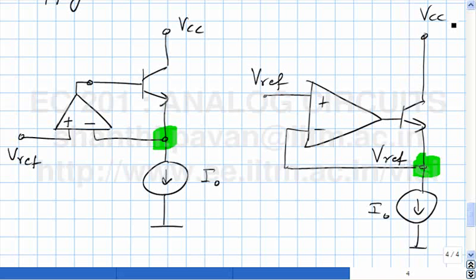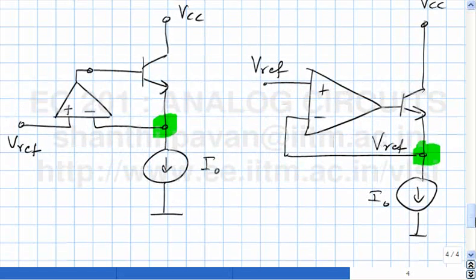So how would I choose Vref to make sure that the transistor is operating in the active region? What is the potential of the base?